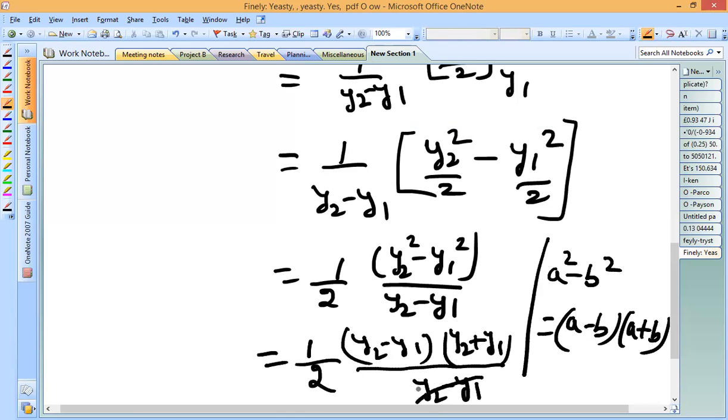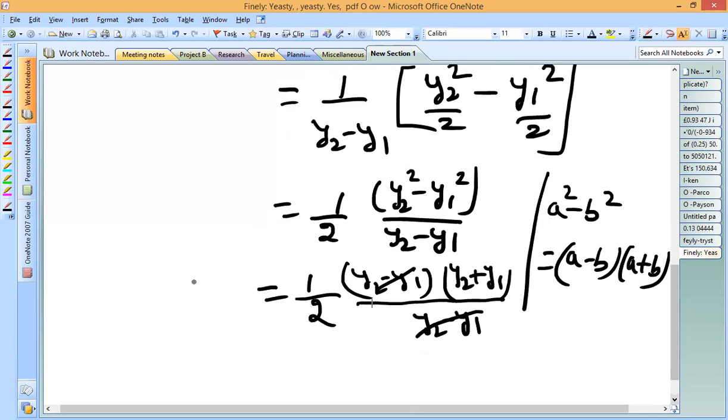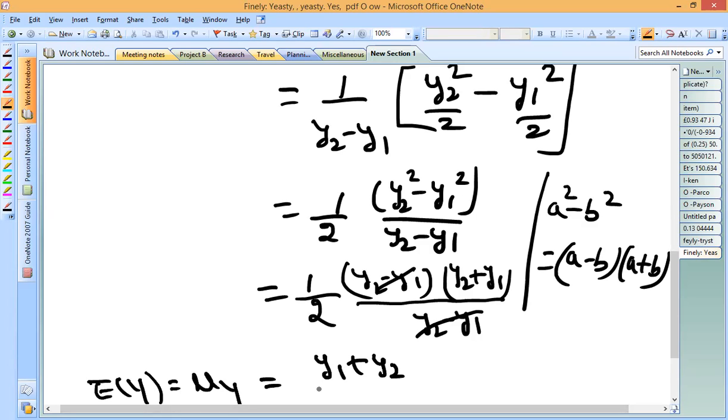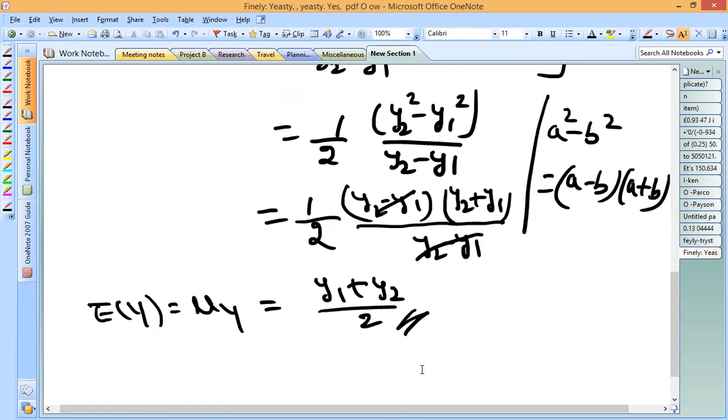Here y2 minus y1 gets cancelled. So we get the mean about the origin, that is, expectation of capital Y, equal to mu y, which is equal to y1 plus y2 divided by 2. This is the mean for the uniformly distributed random variable with the PDF 1 by y2 minus y1, distributed between y1 and y2.